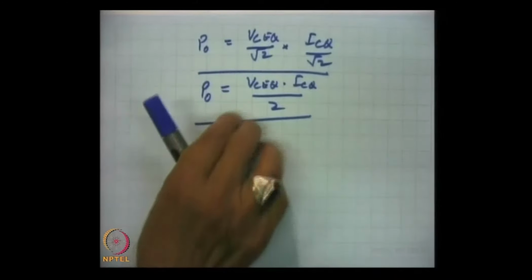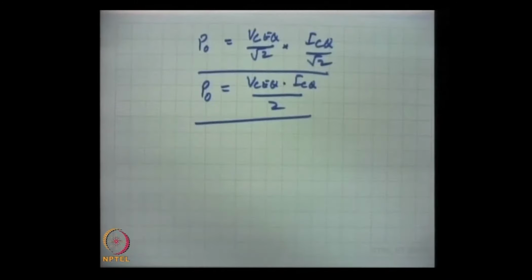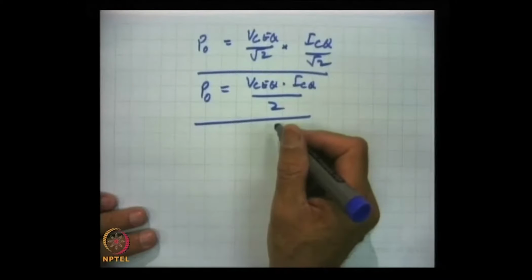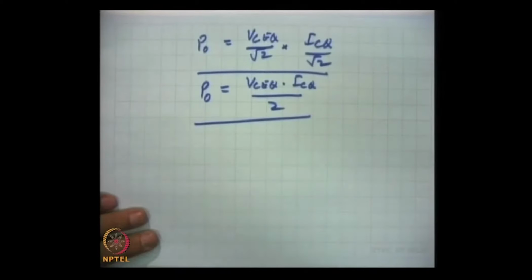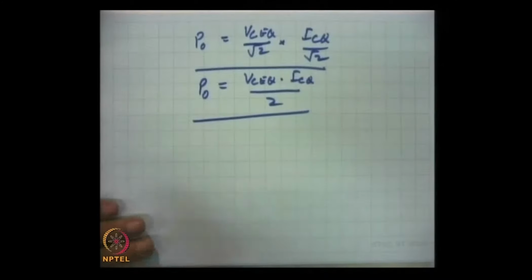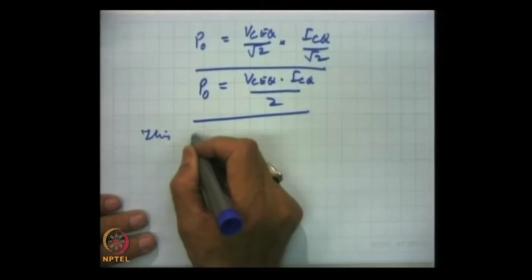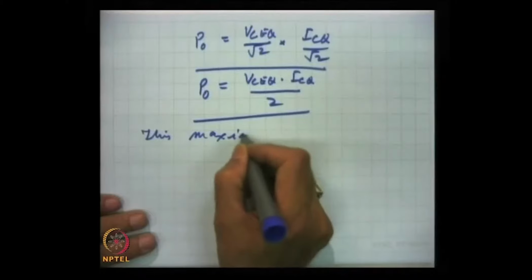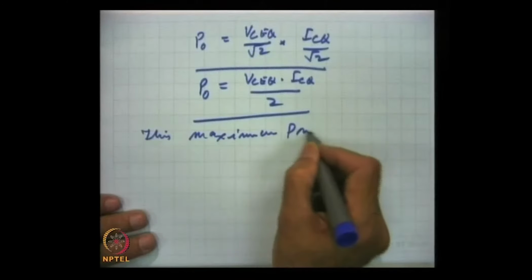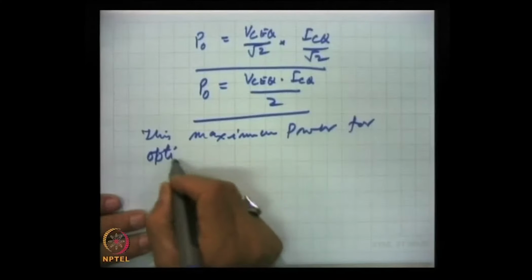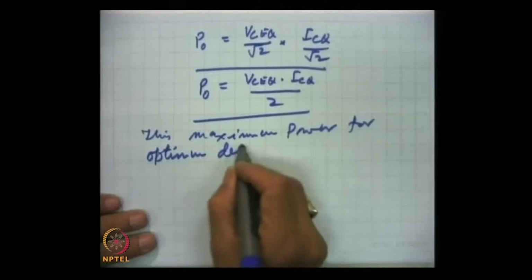So, this expression we have to keep in mind, and remember that we have derived it for the central Q, when the whole active region of the characteristics is being used. So, this is the maximum output power for optimum amplifier design.